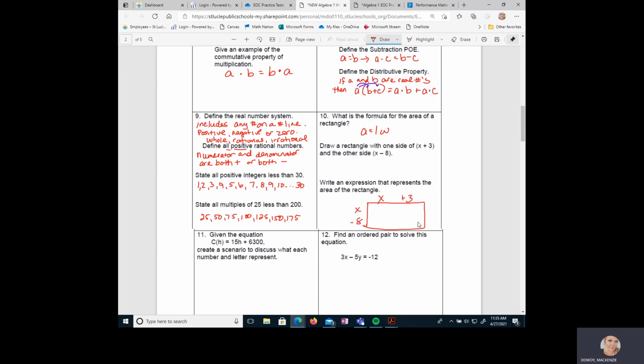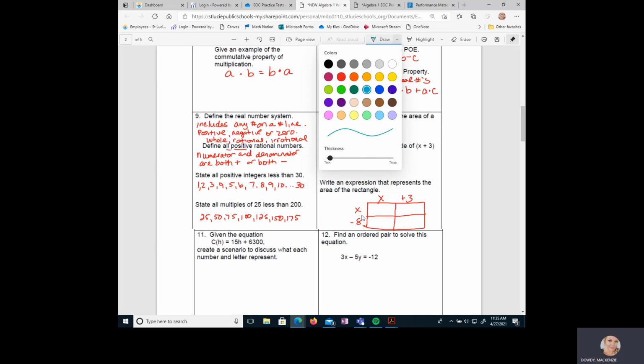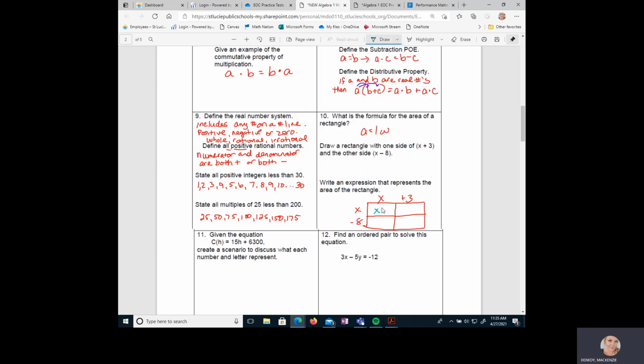So they just had us set up the box method. You can cut that into 4 and we can solve. So x times x is x squared. X times 3 is 3x. Negative 8 times x is negative 8x. Negative 8 times 3 is negative 24.